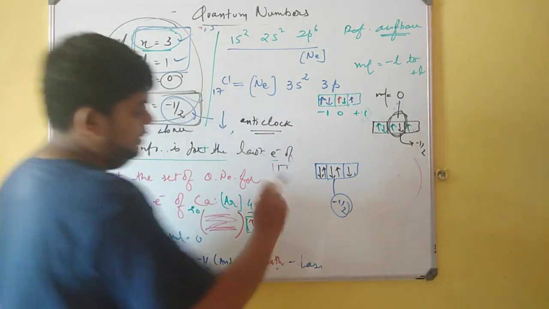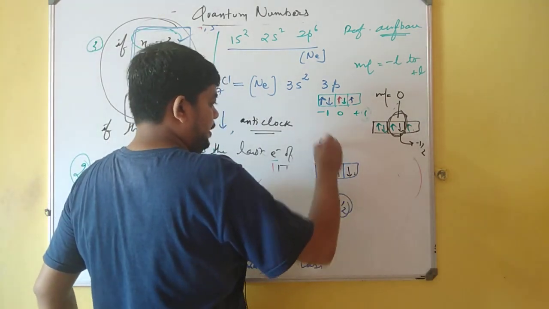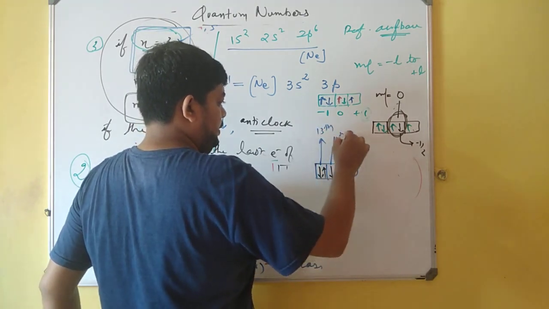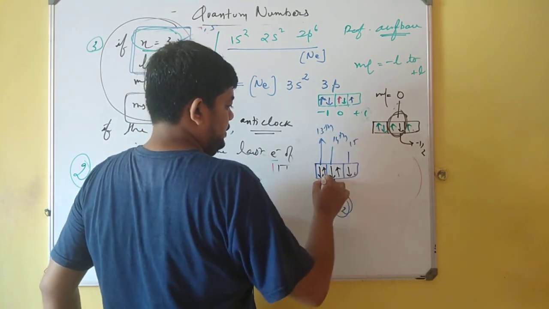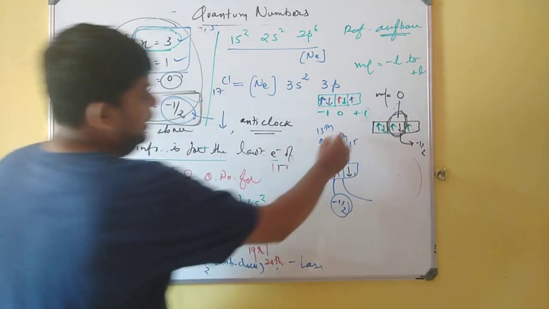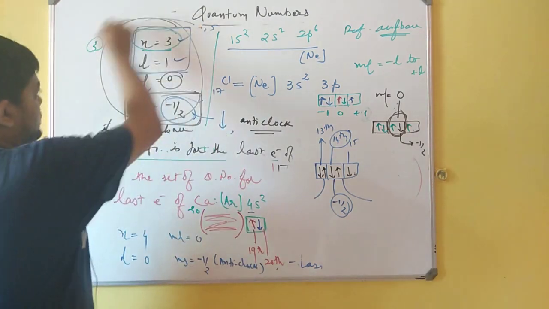And then if I count again, this will be the 13th, this will be the 14th, the 15th, 16th and 17th. And according to that, the 14th has to be this information.